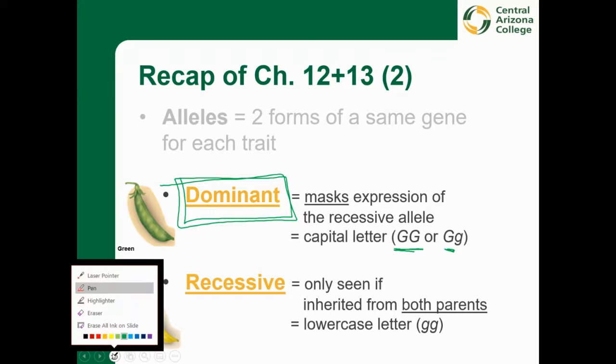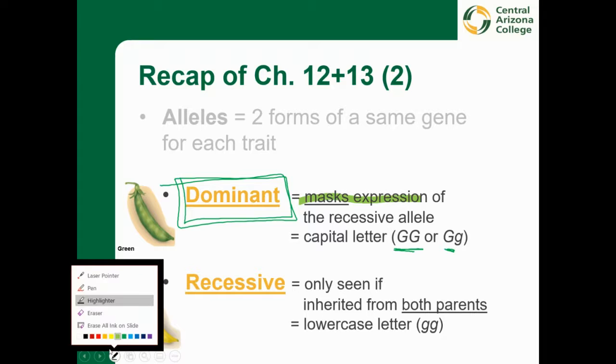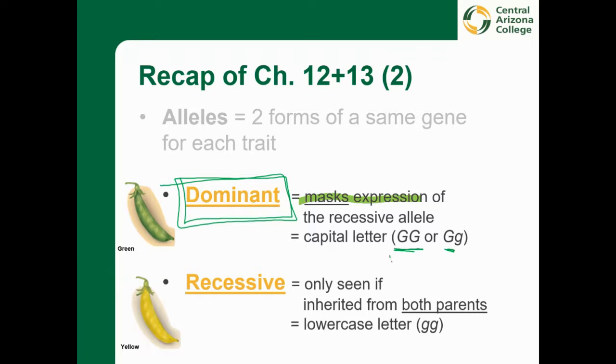A single dominant allele will mask the expression of all other alleles for that trait. So whether it's capital G, capital G, or capital G, lowercase g, the outcome that we will see as a phenotype will be the very same.